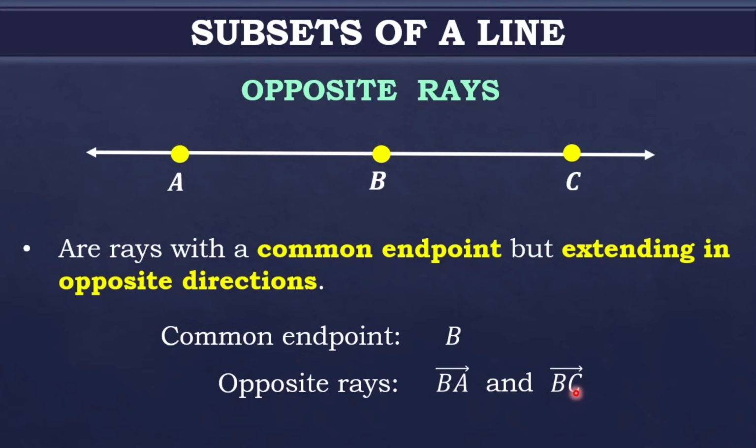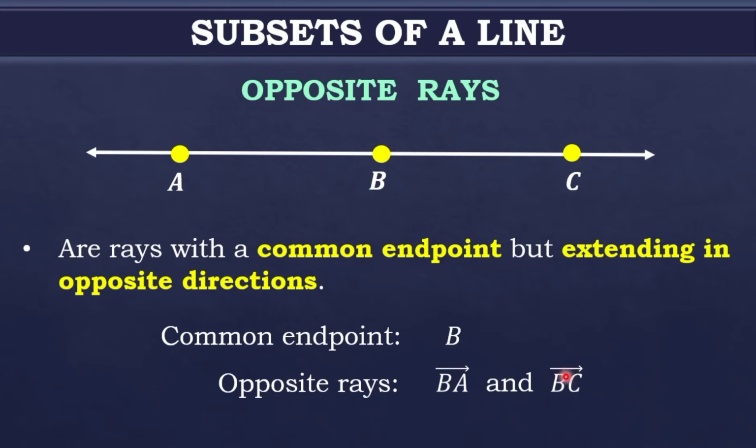Now, halimbawa ang sagot mo is ray BA and ray CB. That is wrong. Okay? Kasi nga po, dapat yung common endpoint yung laging nasa unahan, kasi yun yung pareho nila eh. So, extending in opposite direction. So, kung meron kang ray BA and then ray CB ang ginamit mo, ibig sabihin, wala silang common endpoint.